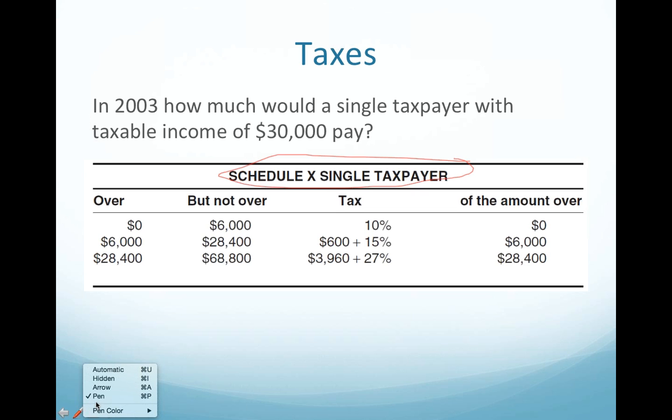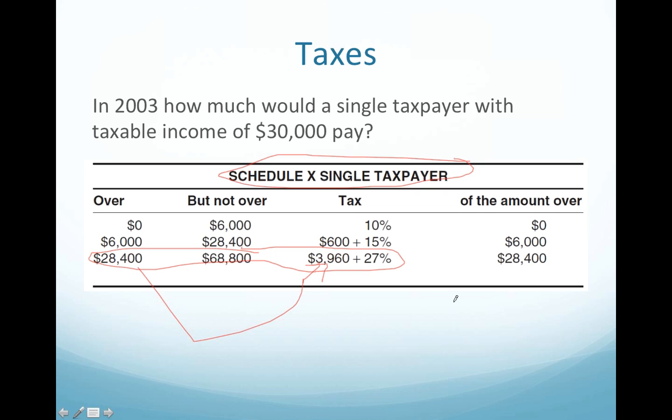So here we're going to look at 30,000. Now if you look at 30,000, we got tax brackets. So 30,000 is going to be right in here. That's their bracket right there. That's why it's called a bracket. So for the first 28,400, this is what their taxes are going to be: 3,960. Then anything above that 28,400, they'll pay 27%.